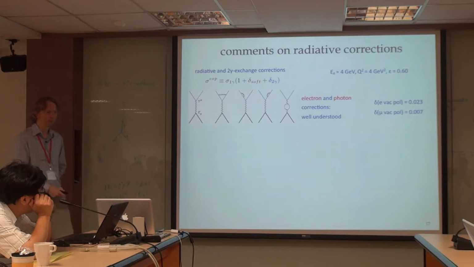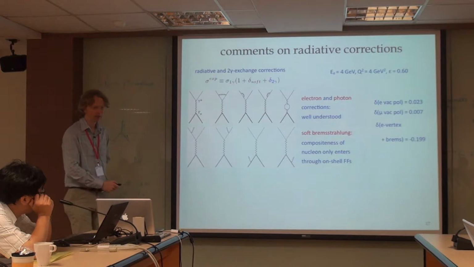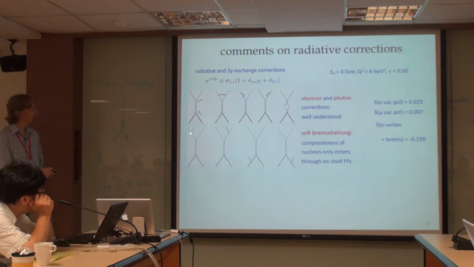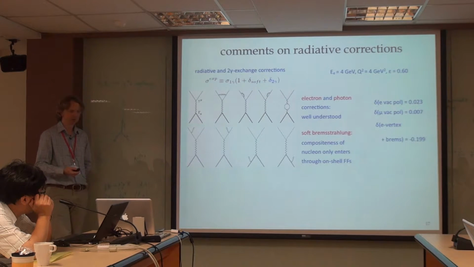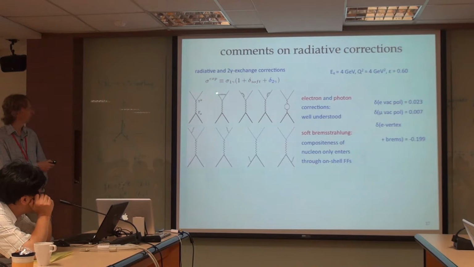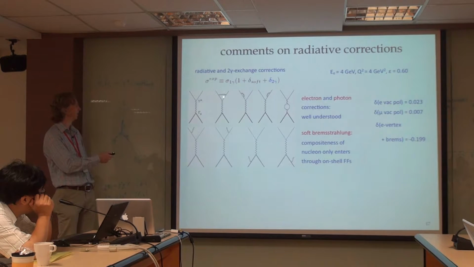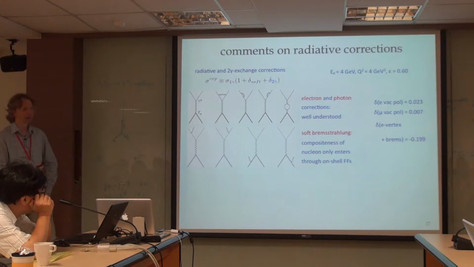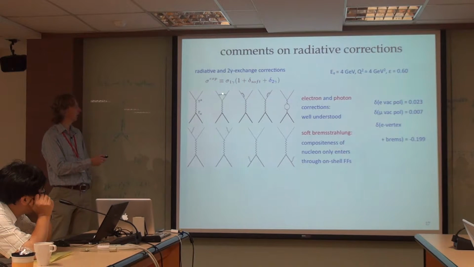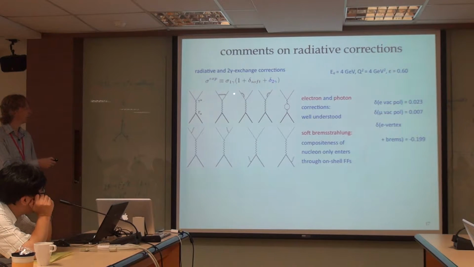Now, besides these graphs, one needs also to take into account the fact that electrons, being ultra-relativistic, will radiate a photon, and this radiation is called Bremsstrahlung, is needed because the diagram where, for instance, here one has a vertex correction has an infrared divergence if you calculate it, because this photon can be soft, and when you have a soft photon, you can basically cut this line here, and this means that you have a soft photon emitted from either initial or final lepton line.